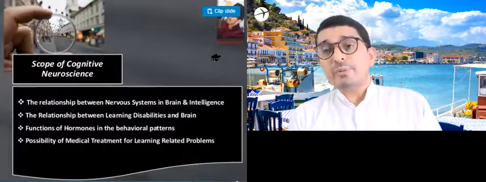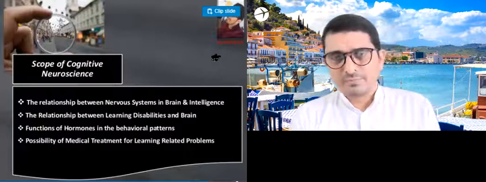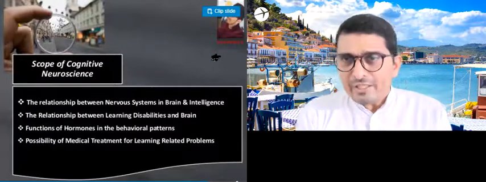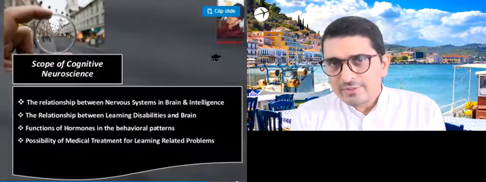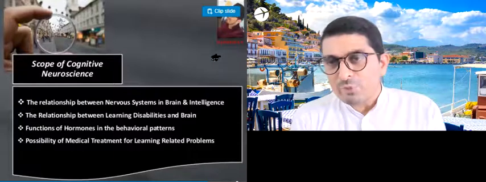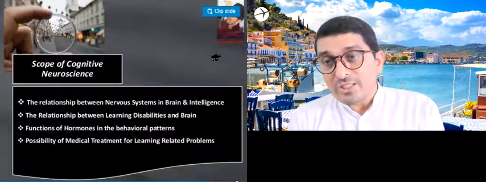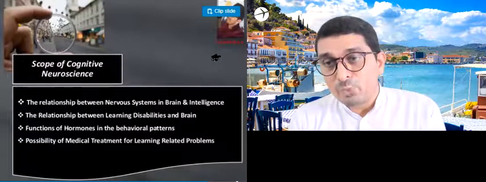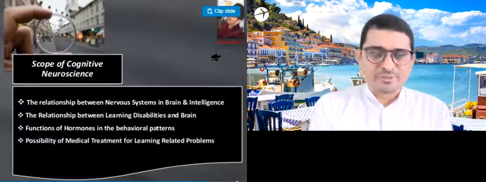We tell that some people have got better intelligence, so they are able to learn more. And if you are able to find out the relationship between the nervous system in the brain and intelligence, sometimes you will be able to enhance the intelligence of those students who are considered to be poor, by giving some medical treatment to the nervous system of the brain.